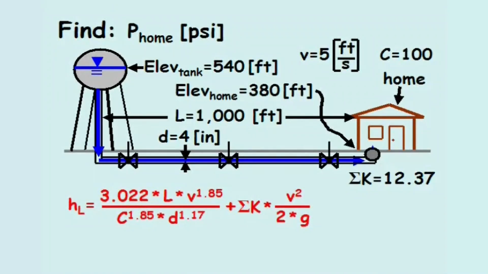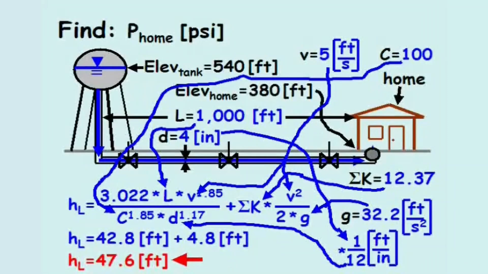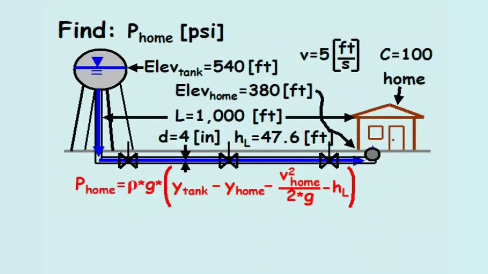Returning to the equation for the head loss, the known variables are substituted into the equation, and the head loss between the tank and the home equals 47.6 feet. By knowing the head loss, we can return to our equation for the pressure at the home.